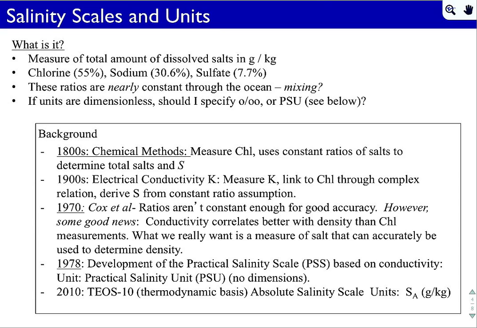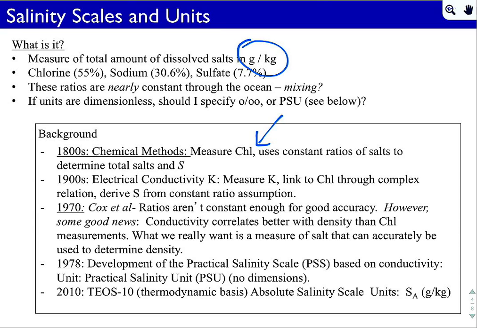The strict definition is the amount of dissolved salts in grams per kilogram. And in most of the ocean, the ratios of the salts, the chemicals making up the salts, is roughly constant. But it's not exactly constant. And so in the early 1800s, they just used these constant ratios.